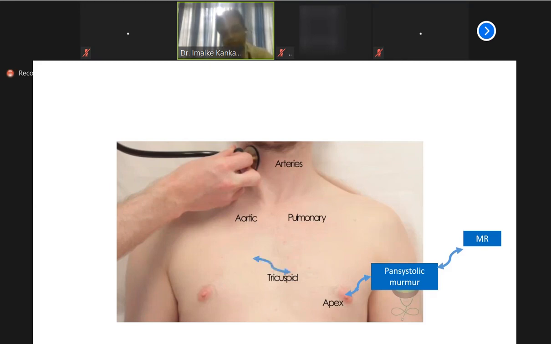Then the left lower sternal edge. If the murmur is best heard at the left lower sternal edge, whether you like it or not, that murmur is pansystolic. Now don't try to figure out, okay, I heard a murmur on the tricuspid area, but which is ejection systolic?